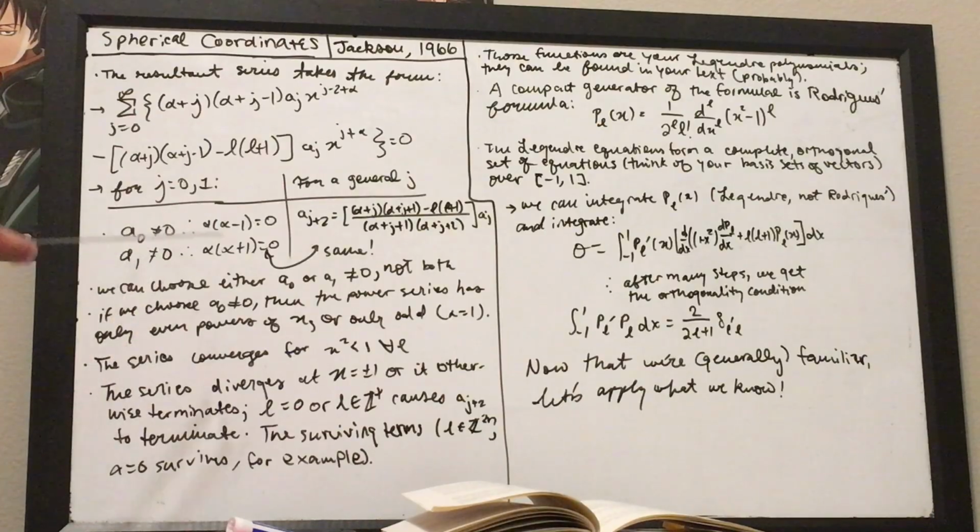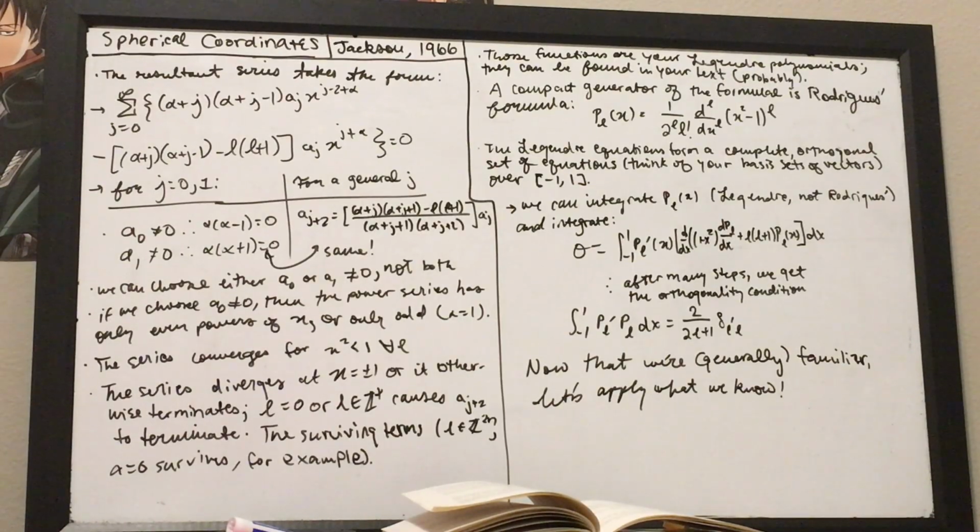Imagine taking a whole number out of some power series, some Taylor expansion. Then you don't get something that's exactly equal to the original expression you're trying to sum. So Jackson goes on and decides to choose the prior case with a naught not equaling 0.